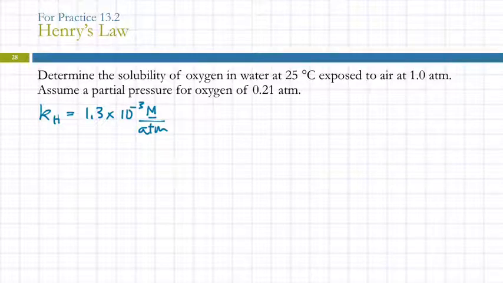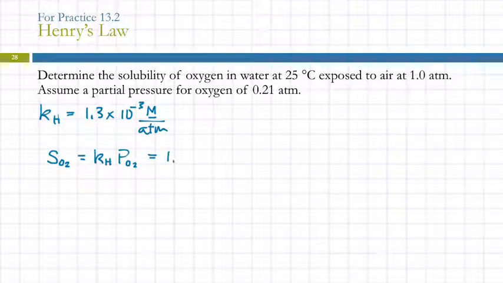Well, this is a Henry's law problem. So the solubility of oxygen equals the Henry's law constant for oxygen times the partial pressure of the oxygen. We look up the Henry's law constant in a table, and then we need the partial pressure of oxygen. That's 0.21 atmospheres.